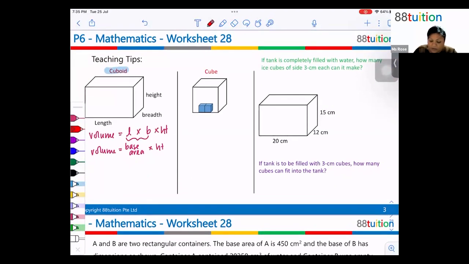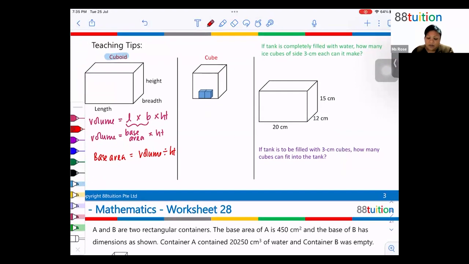To find the base area, given the volume, it will be volume divided by height. So the volume formula itself, you can rearrange such that it allows you to find any of the dimensions that you need.